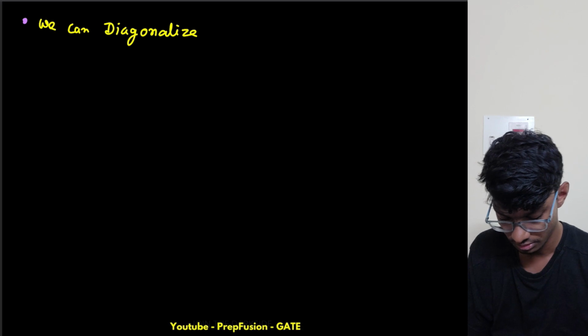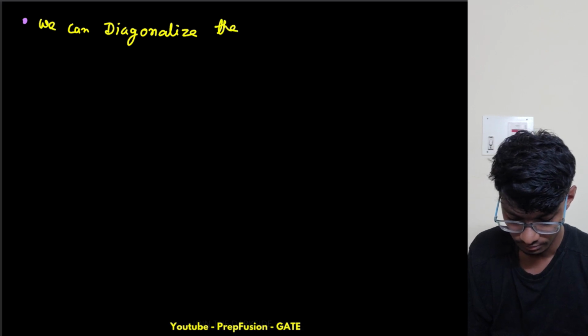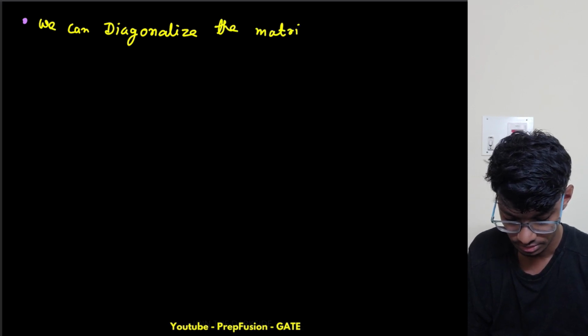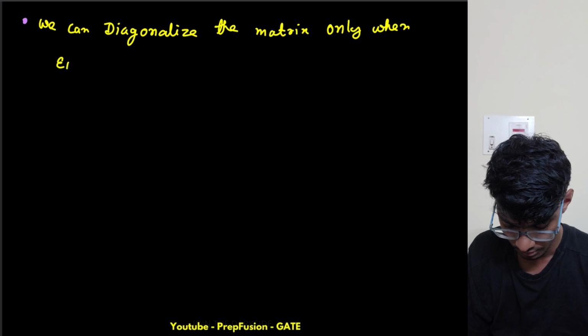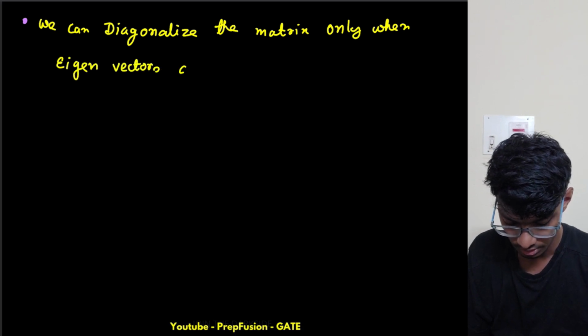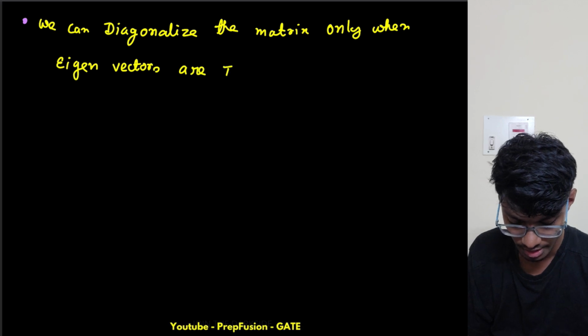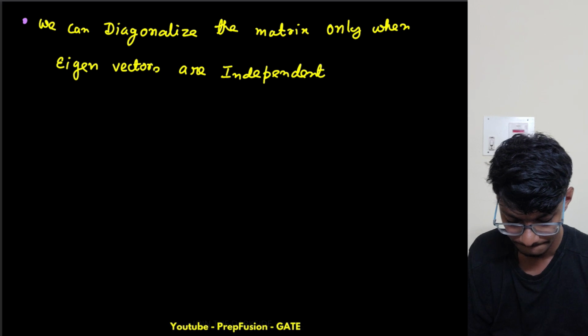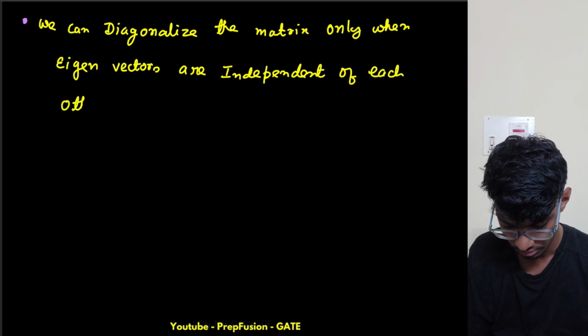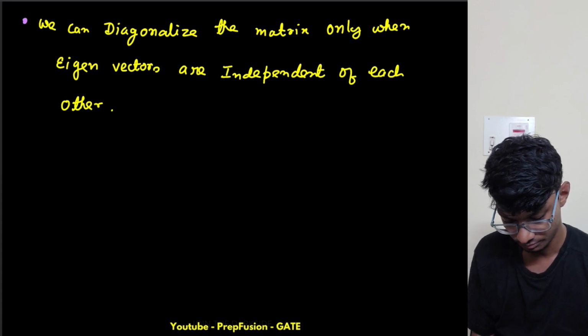Diagonalize the matrix only when eigenvectors are independent of each other. Okay, independent of each other.